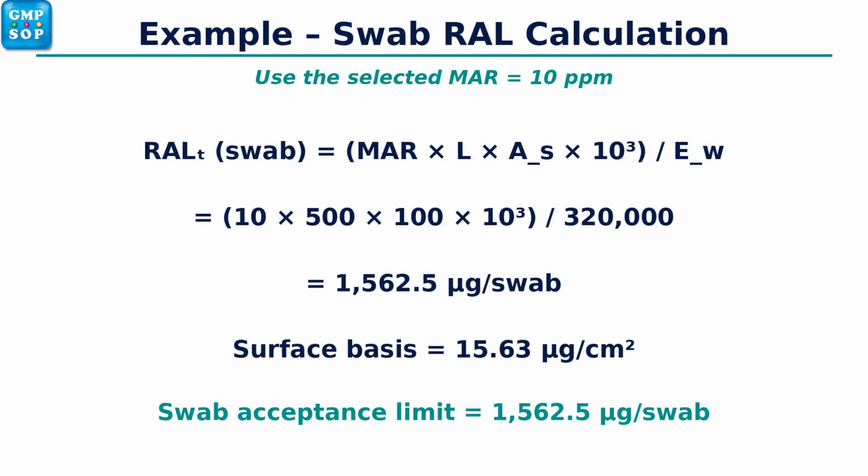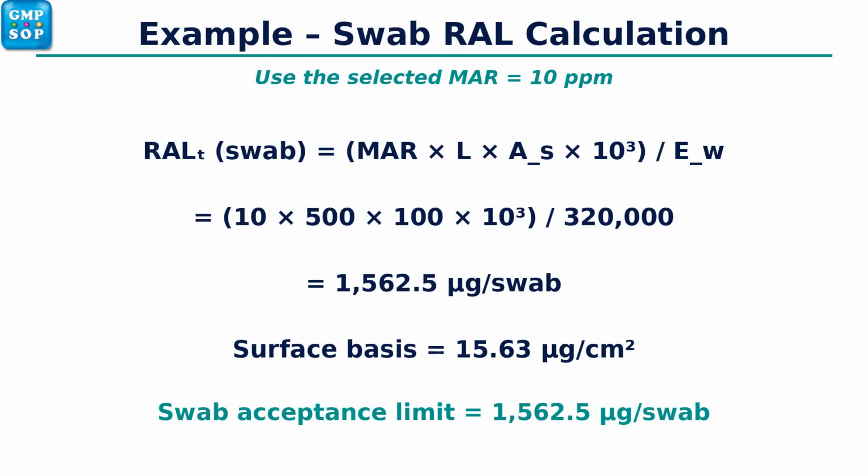RALT for swab equals MAR multiplied by L multiplied by AS multiplied by 10 to the power of 3 divided by EW. Substitute the respective values. RALT equals 10 multiplied by 500 multiplied by 100 multiplied by 10 to the power of 3 divided by 320,000.